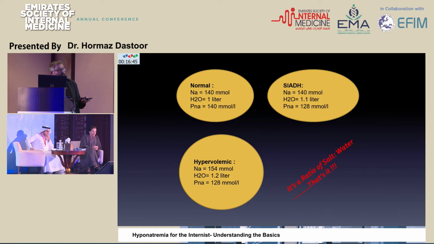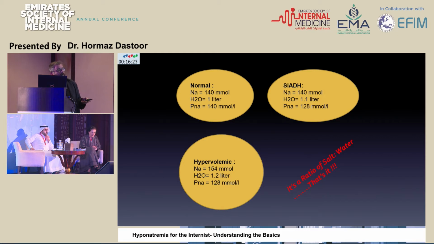So the amount of sodium is the same. You still have 140, but the amount of water has gone up. So the ratio of sodium to water, which was 140 over 1, now becomes 140 over 1.1 liter, and the sodium goes down to 128, okay?